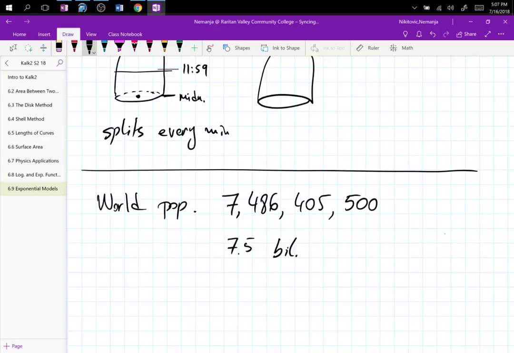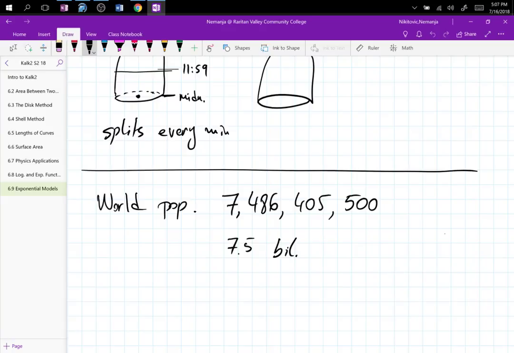Then I'm going to jump on Google and take a look at world population in which year? 1944, the Second World War ended. 1840. I'll pick the year. 1980.